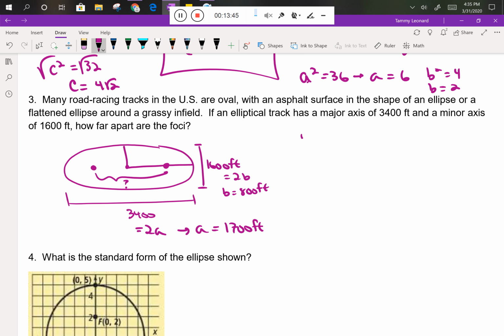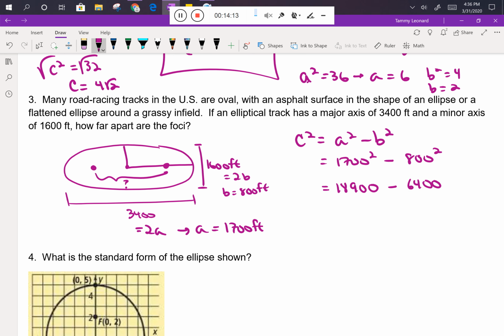Well, we can use our formula. C squared equals A squared minus B squared. Well, A squared is 1,700 squared, and B squared is going to be 800 squared. And that might be one that you want a calculator for, but you can also break it down. 17 squared is 289. So this is going to be 2,890,000. And 8 squared is 64.